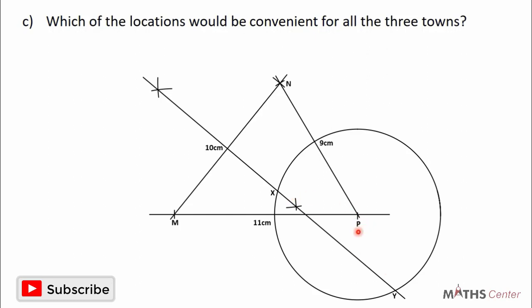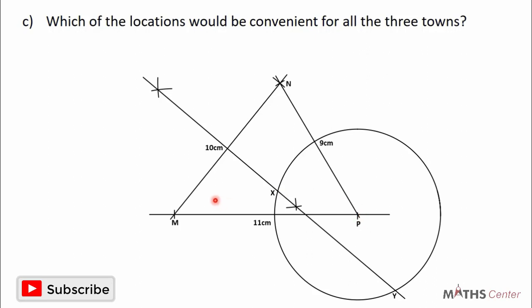So the distance between town P and location X is 10 kilometers, and the distance between town P and location Y is 10 kilometers. So no matter which one we pick, traders from town P will still travel 10 kilometers to the market. So town P will not influence the location that we will pick.